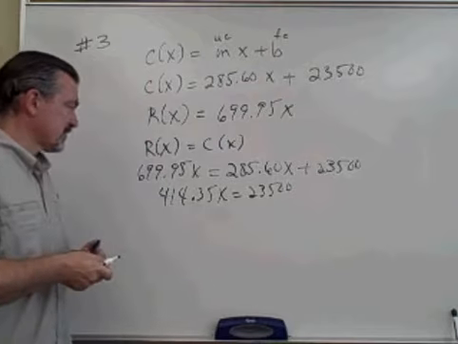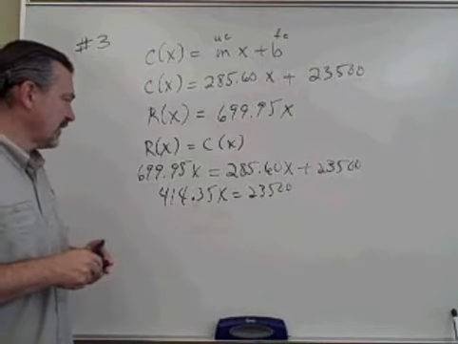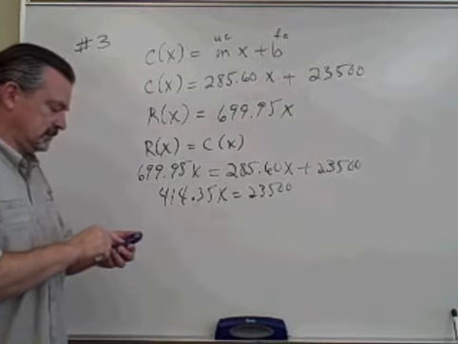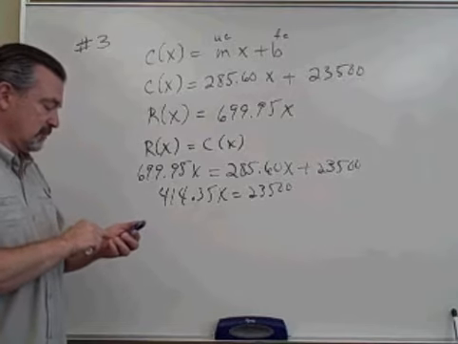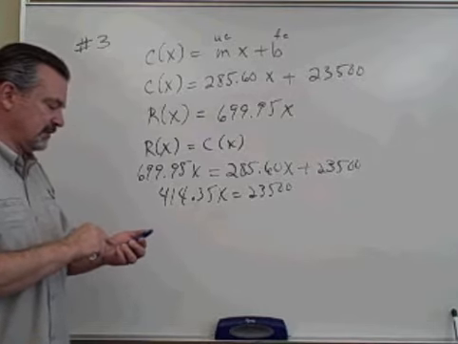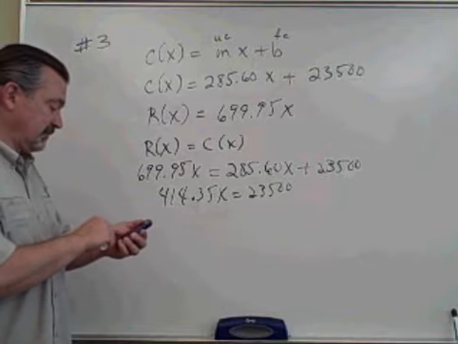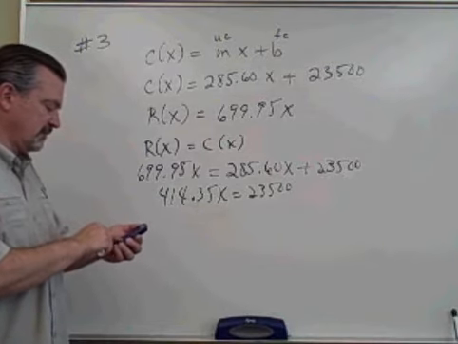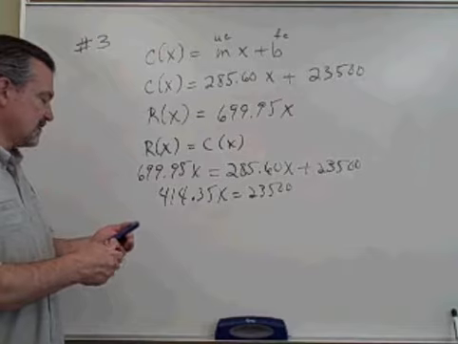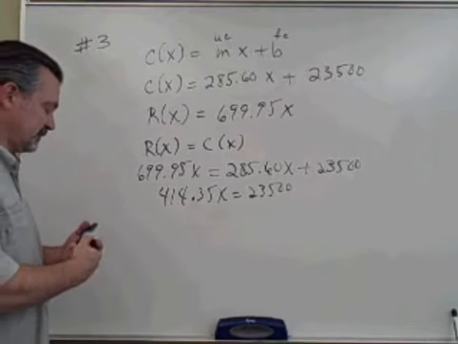And then we'll divide both sides by that 414.35. So 23,500 divided by 414.35 gives us an answer of 56.7.